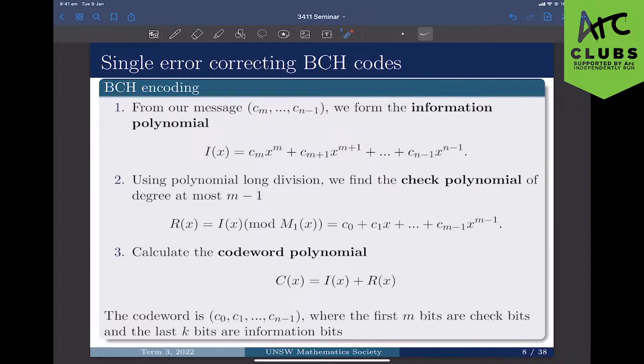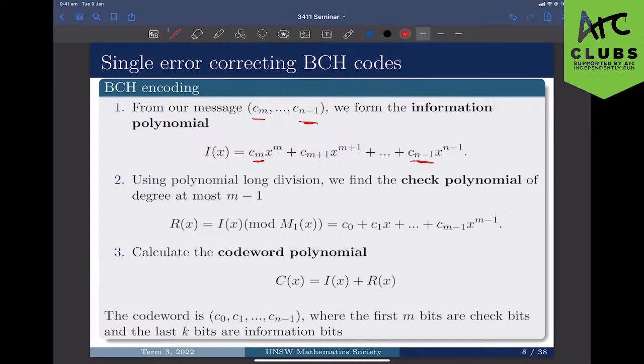All the coefficients of this information polynomial correspond to the bits in our message. So we'll see that for x to the power of m, the coefficient is c m, and for x to the power of n minus 1, the coefficient is c n minus 1. So we form an information polynomial using the bits we get from our message.